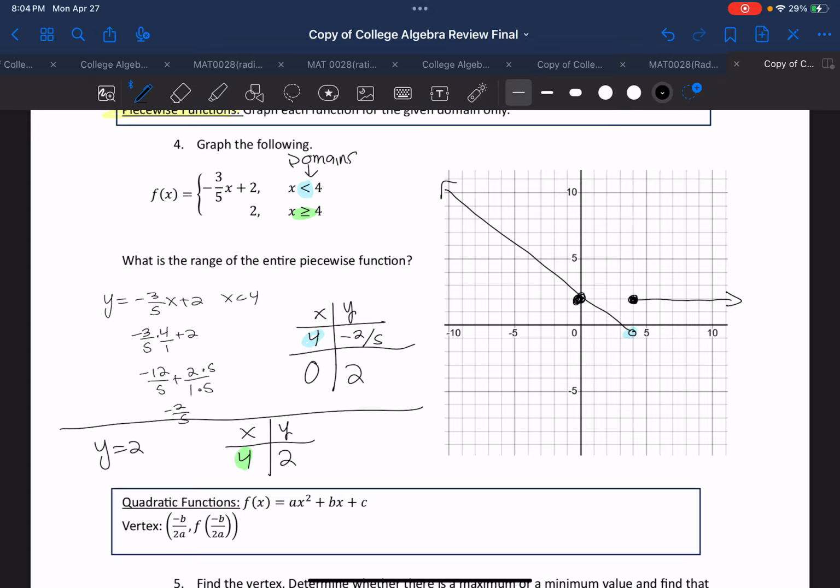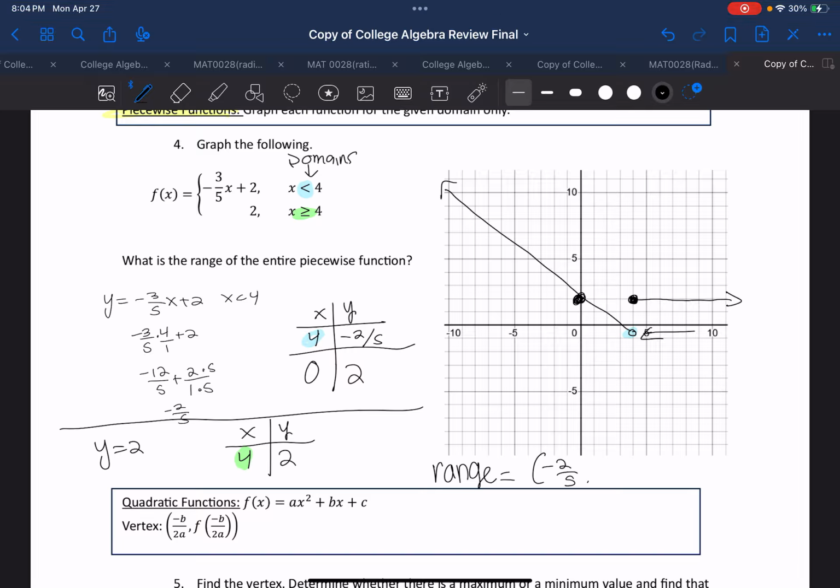Okay, and then it's asking about the range here of the piecewise function. So the range, you're always looking at the function from bottom up. So the lowest y value I see is the one here for this point, which was -2/5. And it's an open circle, so it's not included.